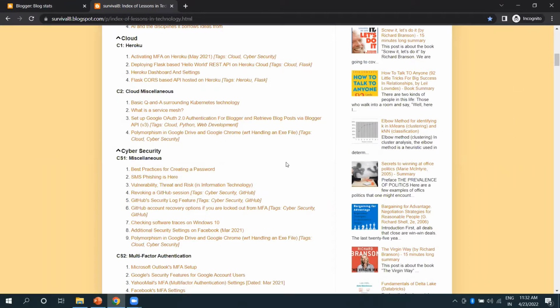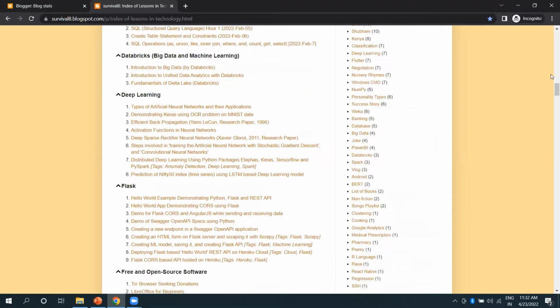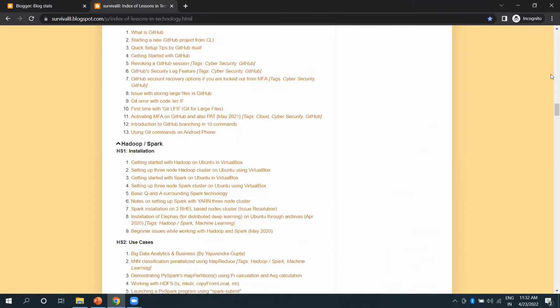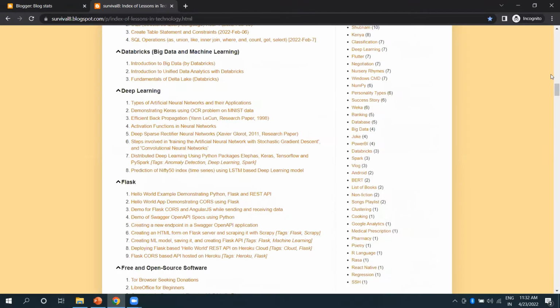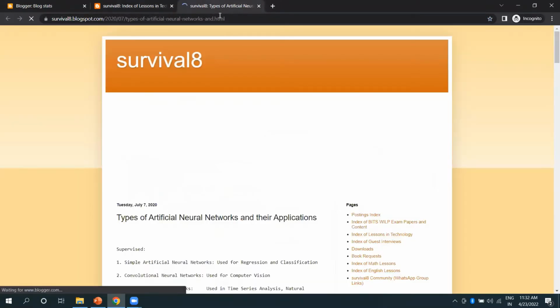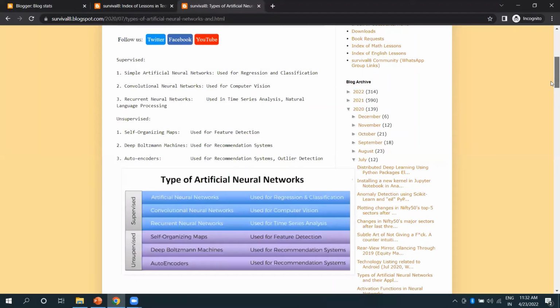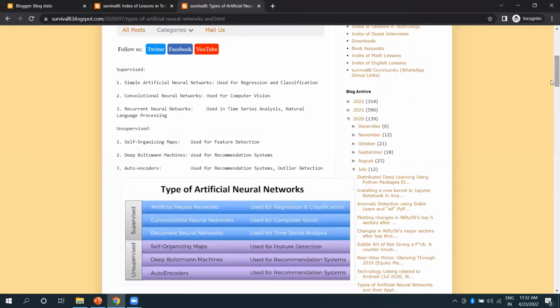So for deep learning, I have written a few articles. Types of artificial neural networks and their applications. There are supervised neural networks: simple artificial neural networks used for regression and classification, convolutional neural networks used for computer vision, and recurrent neural networks used for time series analysis and natural language processing.